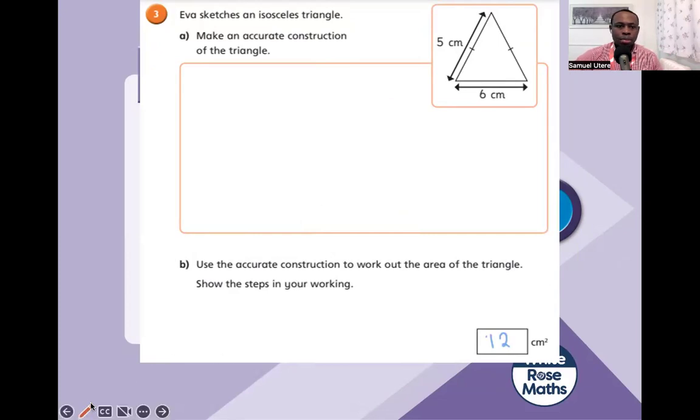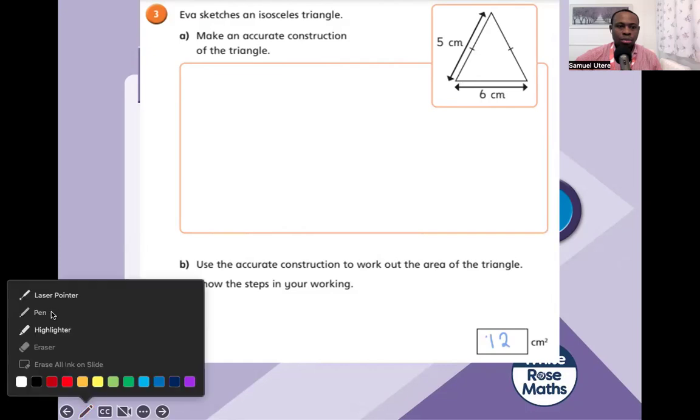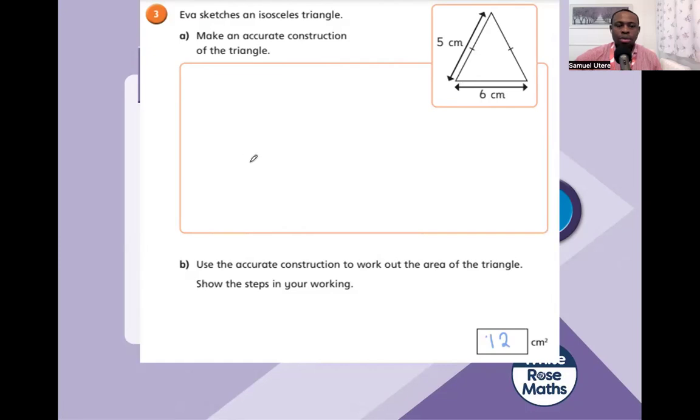So step 1, you're going to draw your line, make sure it's 6 centimeter with a ruler and your pencil. Step 2, you're going to open your compass to be 5 centimeter. Place your compass here and you draw an arc.